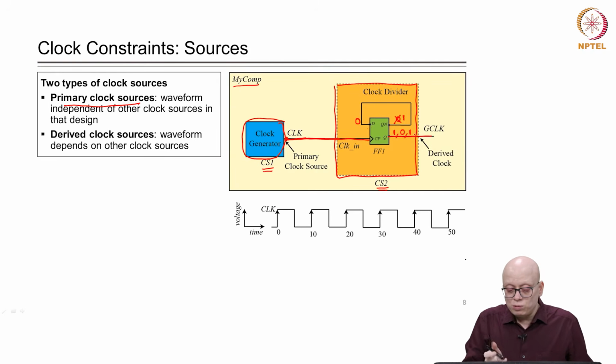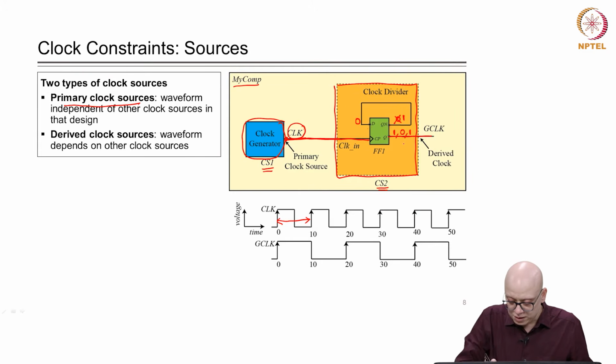So, suppose the clock signal that was generated here has a clock period of 10 time units, and initially the Q value here was 1. It will remain 1 until the next clock edge comes.